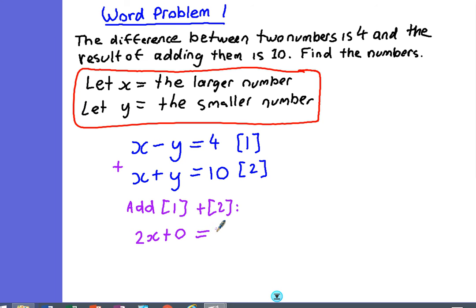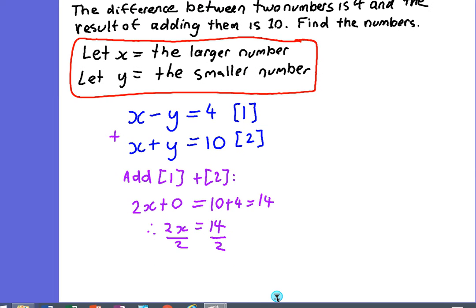Again, we're adding, so we get 10 plus 4, which is equal to 14. So then we can write that as 2x is equal to 14, and we can then divide by 2 on both sides, and that simplifies down to x is equal to 7. So at this stage we think that is one of our answers.